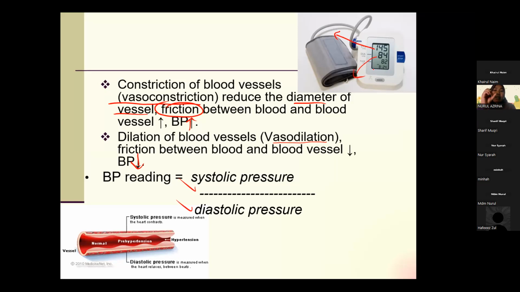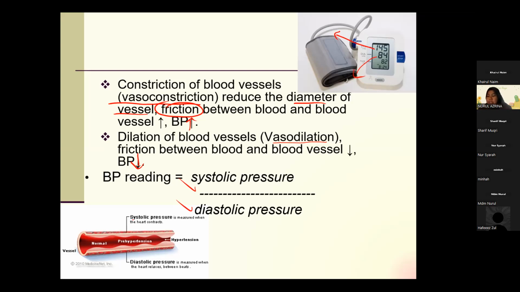Bila diameter of the blood vessel kecil, kita akan ukur berapa pressure pada masa tersebut. So the highest pressure dia, that is systolic pressure. And then the next one is the reading when your blood vessel is dilated, the blood can flow. That is diastolic pressure.